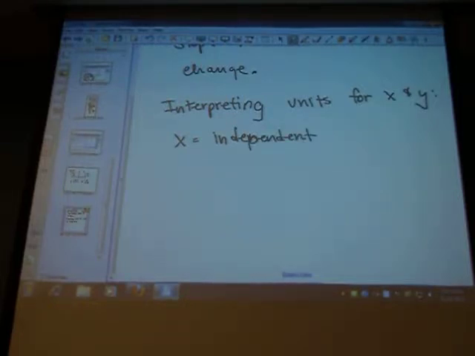You choose X, and Y is dependent. I always put too many syllables in there. Y is dependent on X.